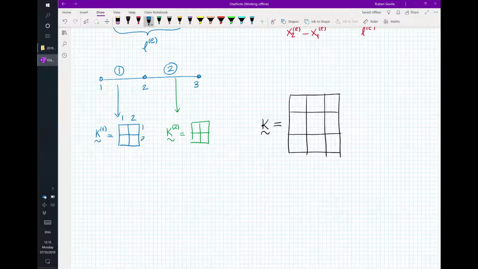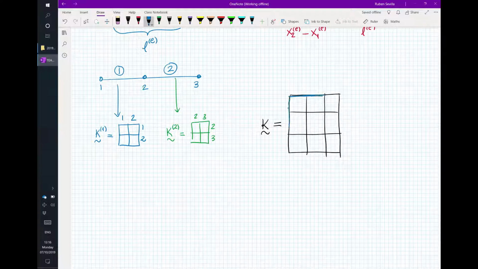This is the first element, so the indexes are 1 and 2. These are the indexes for the first elemental matrix. And the indexes for the second are 2 and 3. And this is what you use in order to send this contribution to the global matrix.